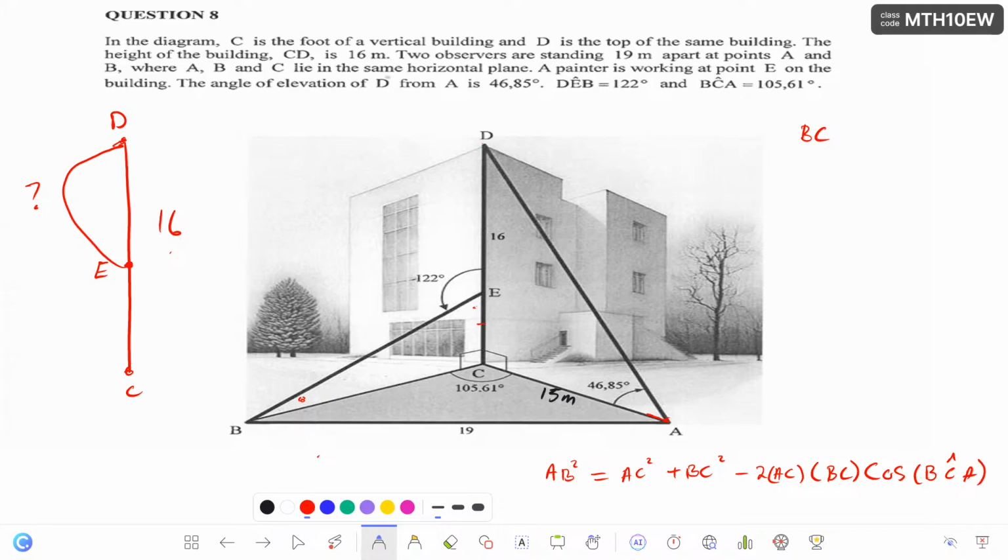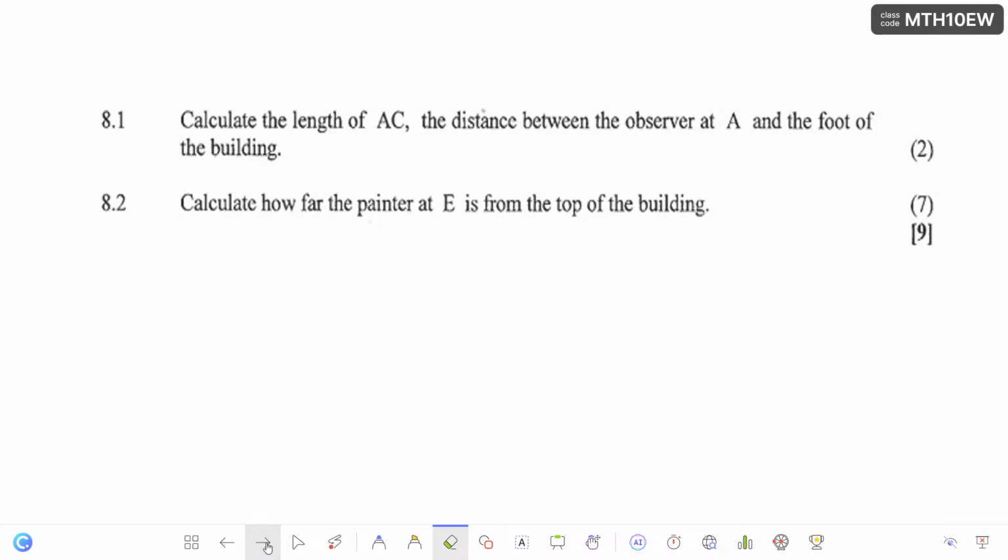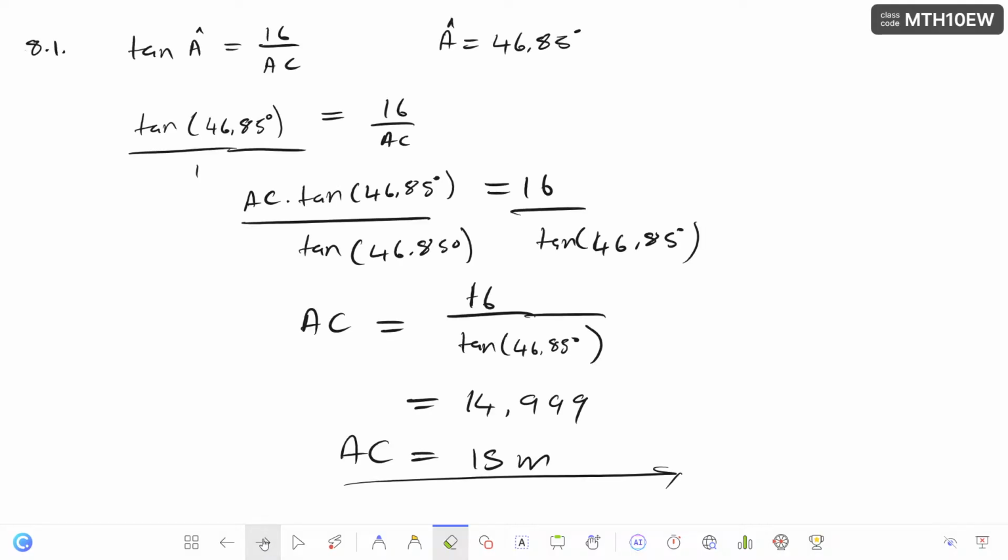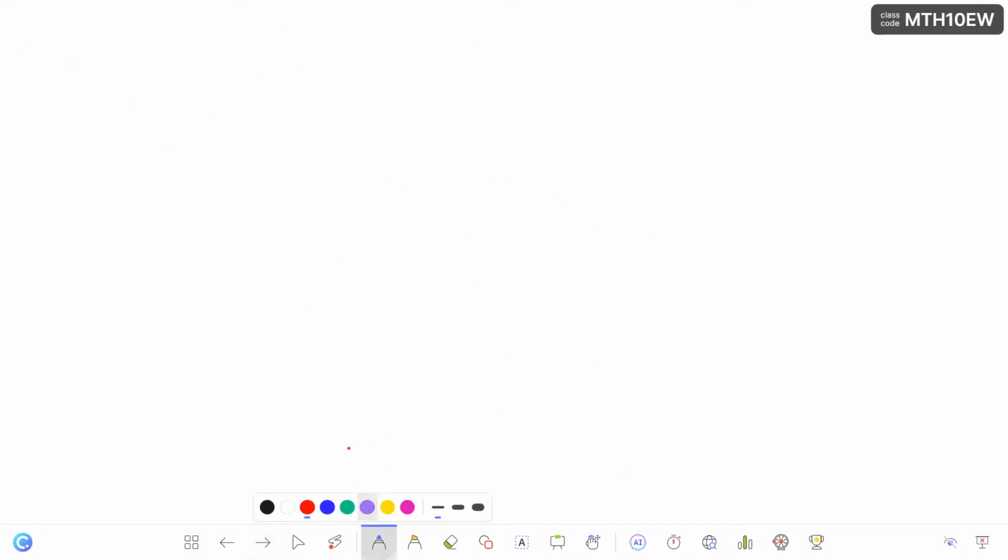So I hope you're following. Now, we know AB, which we already calculated to be 15. Okay, no, let me open a new page in order to write this on. So it's 8.2.